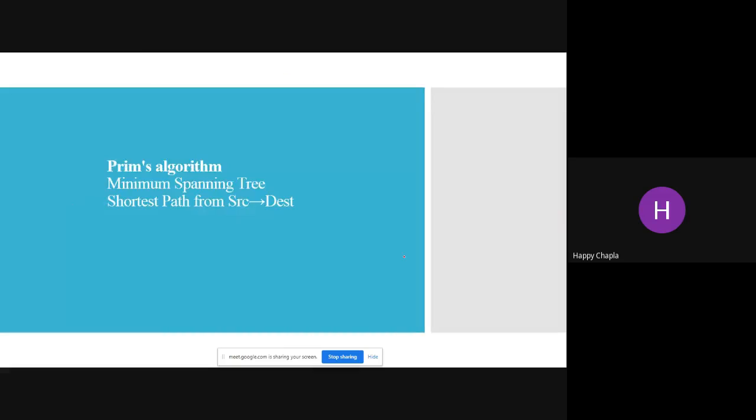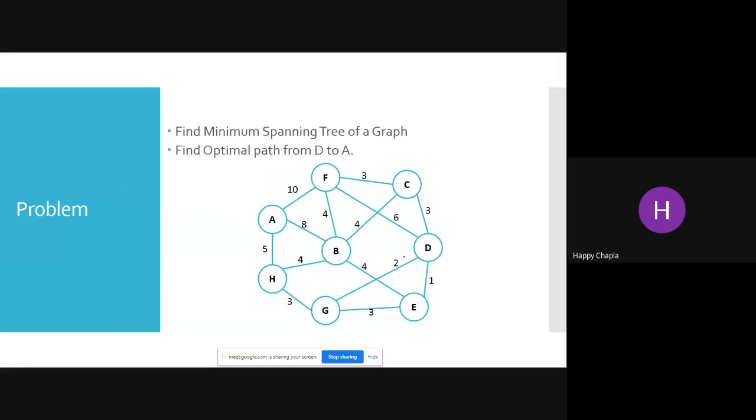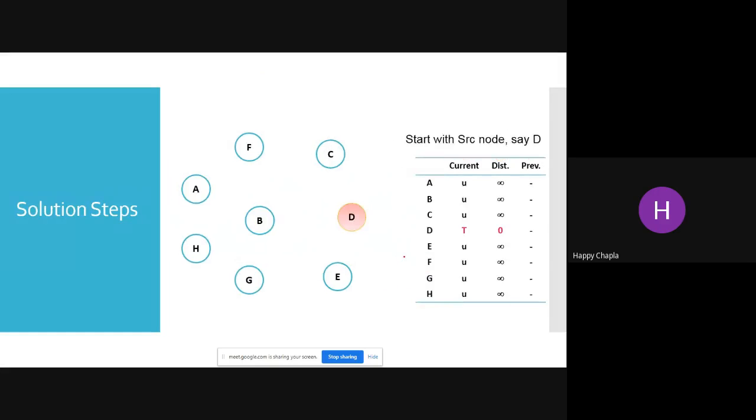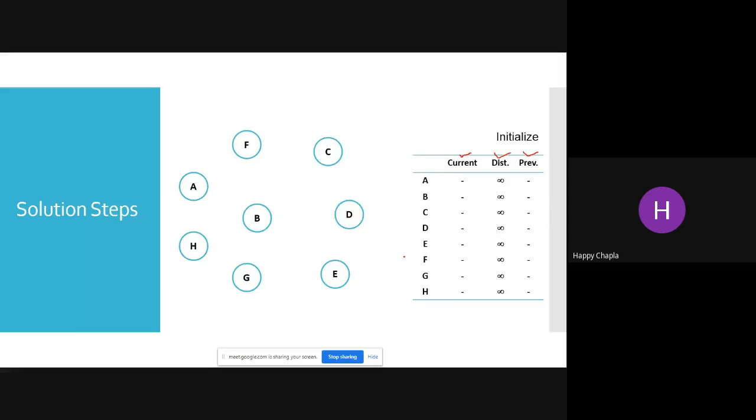Okay, so same like this, we have the minimum spanning tree using Prim's algorithm. In Prim's algorithm, first we have every vertex listed with us, and we have three different columns. One is current, second is distance, and third is previous.